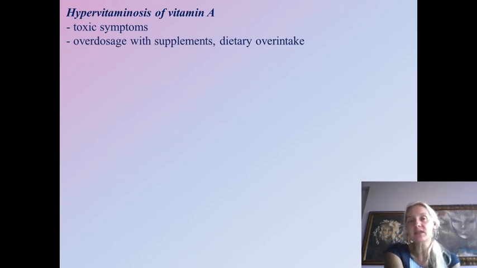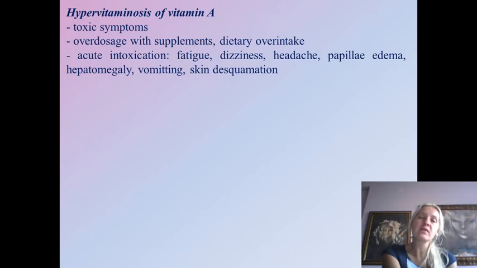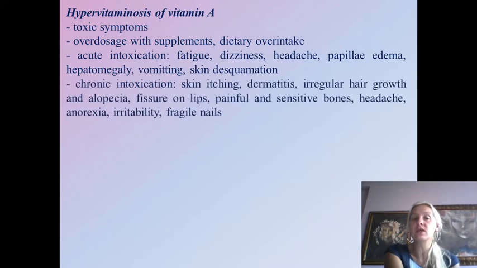Acute intoxication with vitamin A exhibits some general symptoms of acute intoxication, like fatigue, dizziness, headache, vomiting, skin desquamation, and so on. But if prolonged, hypervitaminosis of vitamin A may lead to a number of symptoms of chronic intoxication, like skin itching, dermatitis, irregular hair growth with the development of alopecia, fissures on lips, painful and sensitive bones, headaches, anorexia, irritability, fragile nails, and numerous other symptoms.